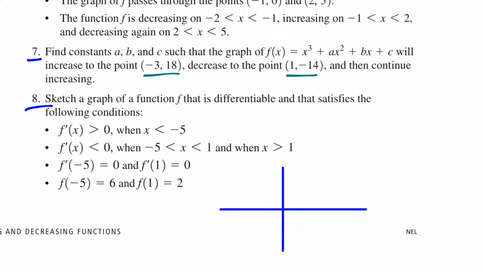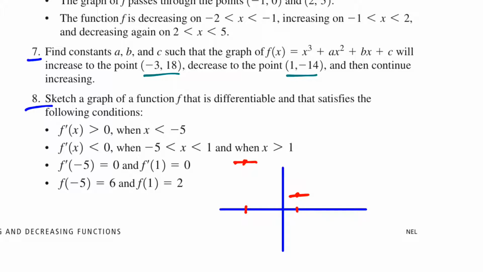X-axis, y-axis. f of negative 5 is 6, f of 1 is 2. f prime of negative 5 is 0, tangent line is horizontal. f prime of 1 is also 0, tangent line is horizontal.